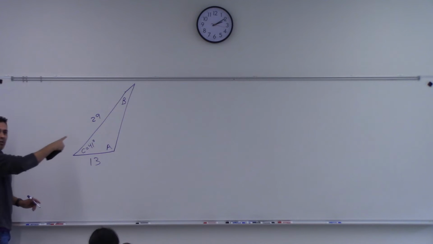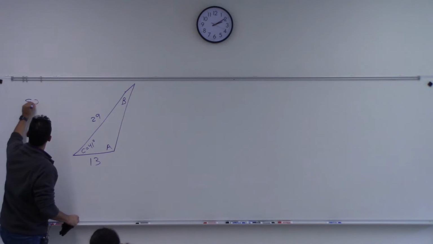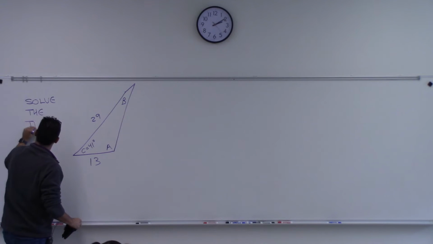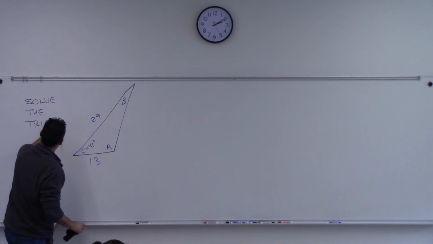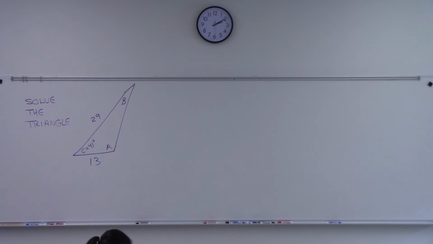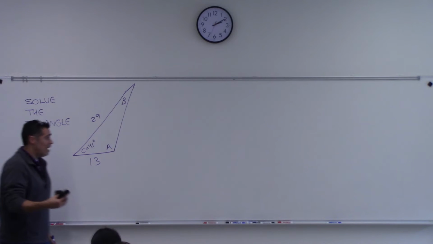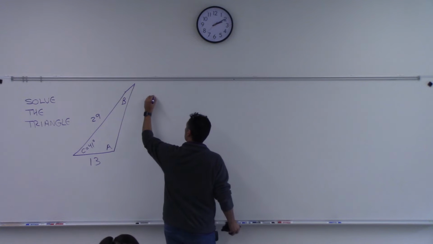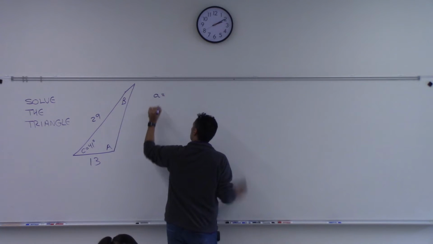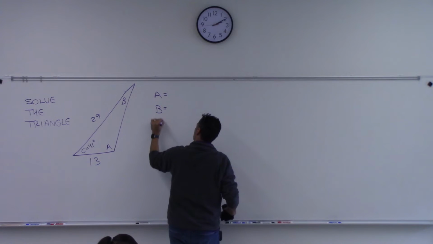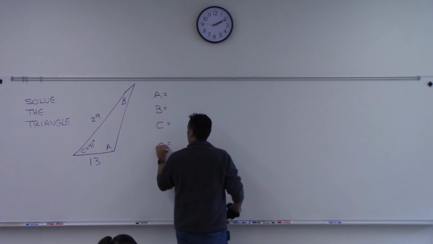I want us to solve this triangle. Solve the triangle. That means find all angles and all sides, right? All angles and all sides. So let's write down, like we did last class, the things that we're looking for. Capital A, capital B, capital C, little a, little b, little c.